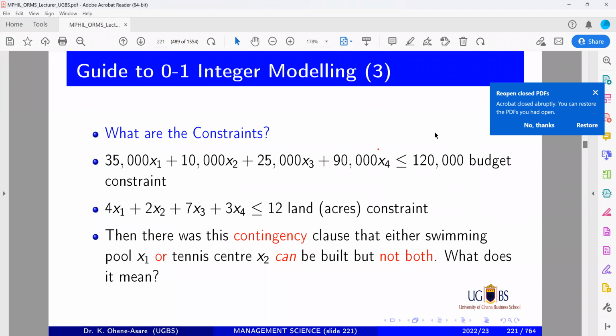Now, what is the symbol for the word or? And what is the symbol for the word and? Or means what? And means what? And is plus or the sum.